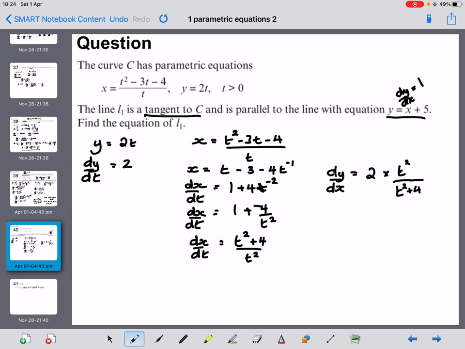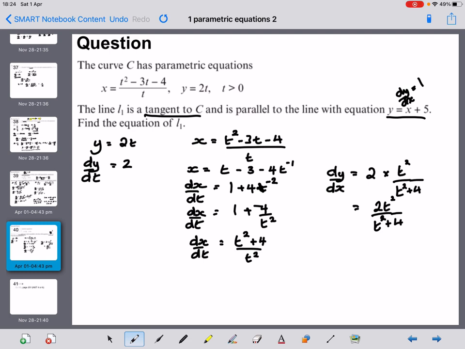If dx by dt is a fraction, then when you're doing dy by dx, write it as multiplied by dt by dx. So that's 2t squared over t squared plus 4.